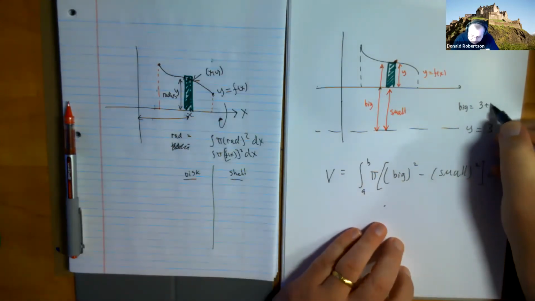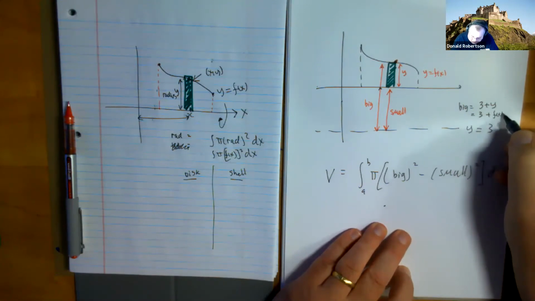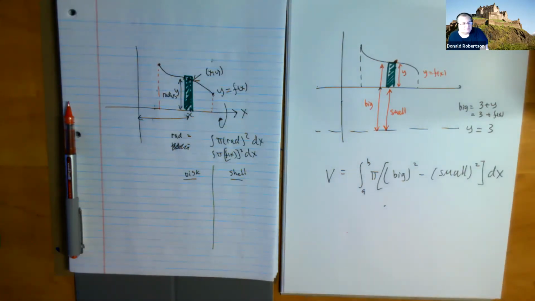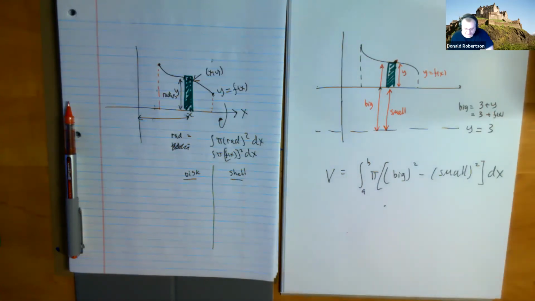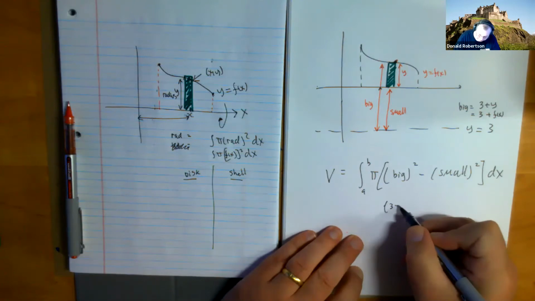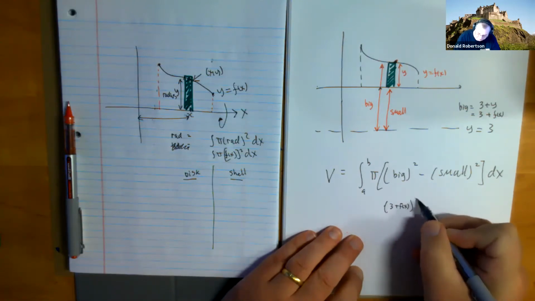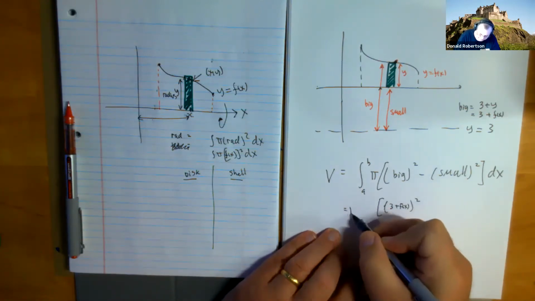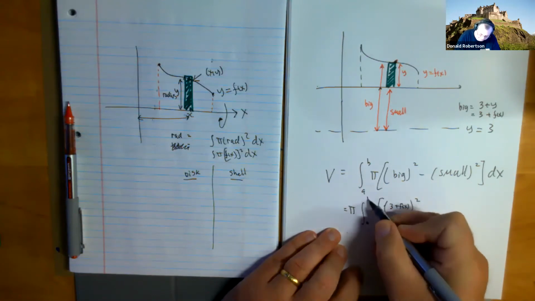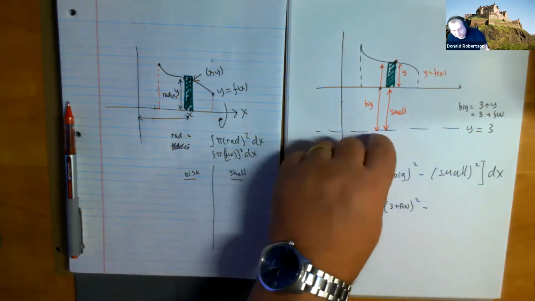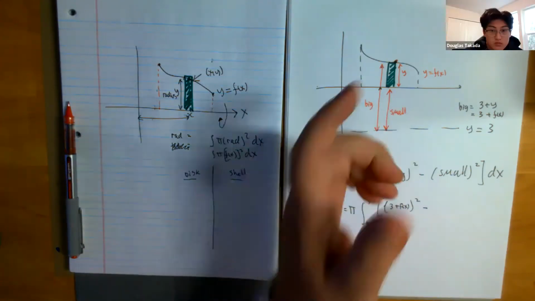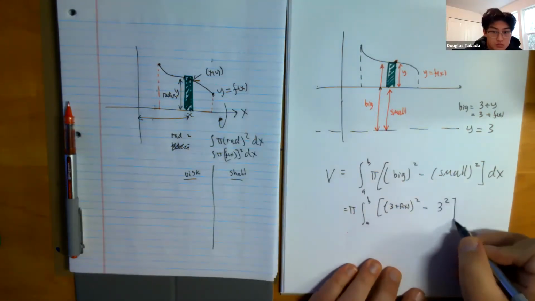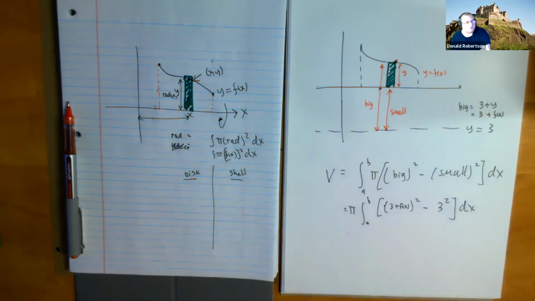So that's going to be 3 plus y, and that's going to become 3 plus f of x. Whatever f of x is, 3 plus f of x is the big radius. Now, what will the small radius be in this situation? 3. And it's just a number. That takes care of that situation.